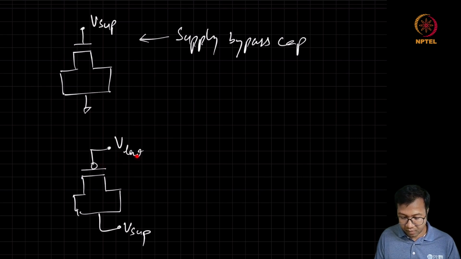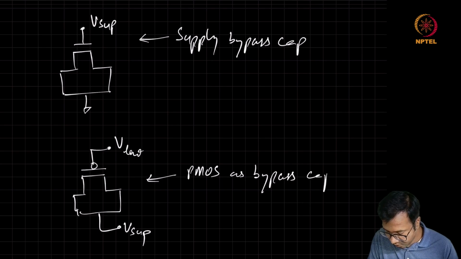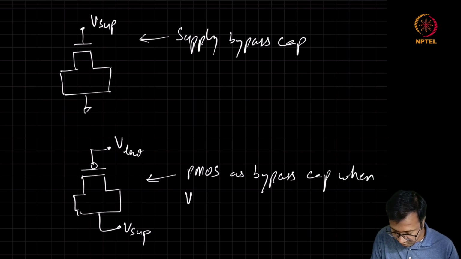An NMOS normally will not be able to provide a high capacitance when VLOW is not very high compared to the threshold voltage of the NMOS. PMOS as bypass cap when VLOW is low.